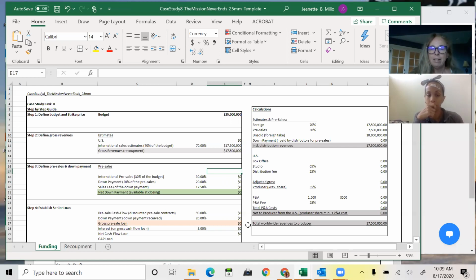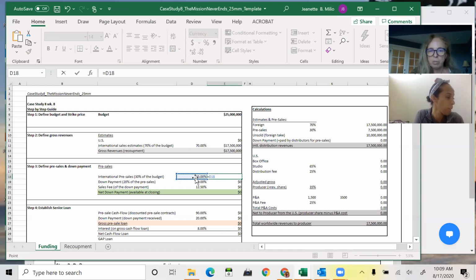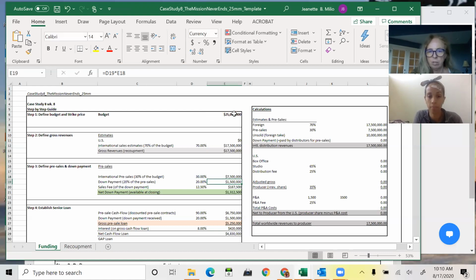The next step, however, our sales agent did actually do some pre-sales. And the pre-sales per the assumptions are 30% of the budget. So what we're doing again here is 30% times the budget. That's all I'm doing, clicking enter. There we go.